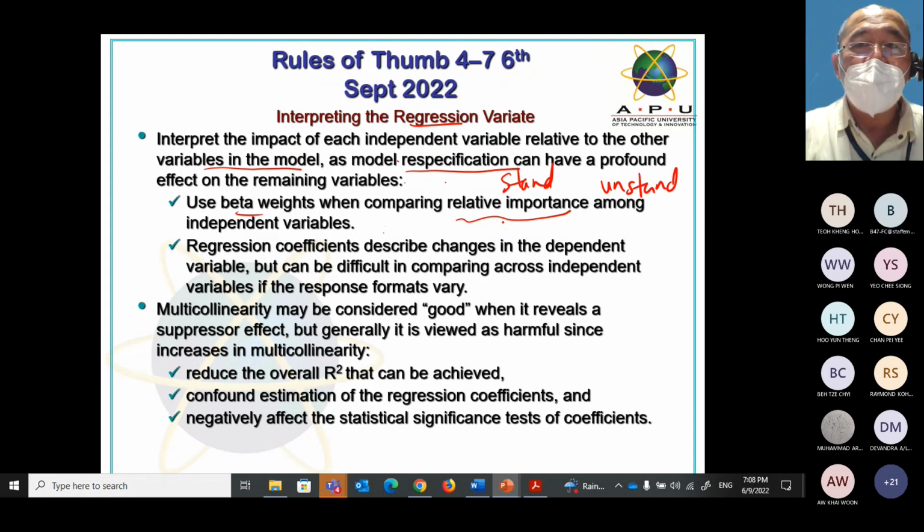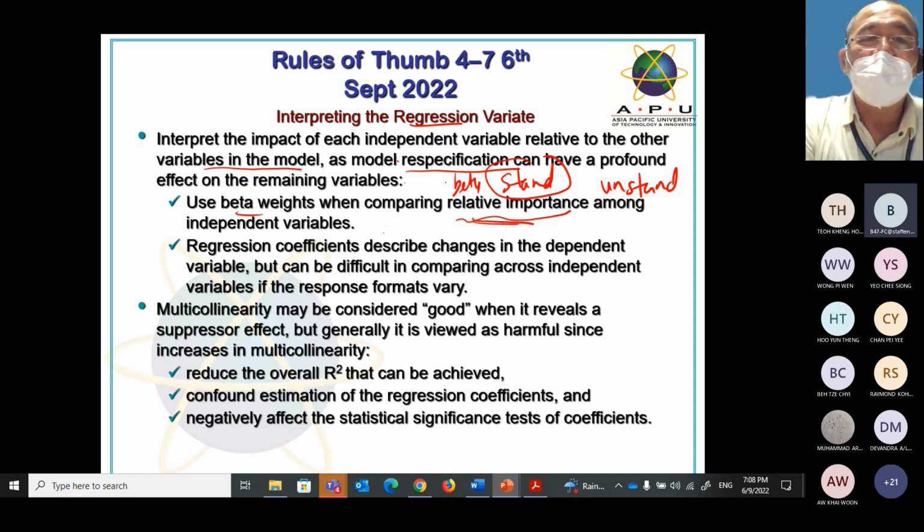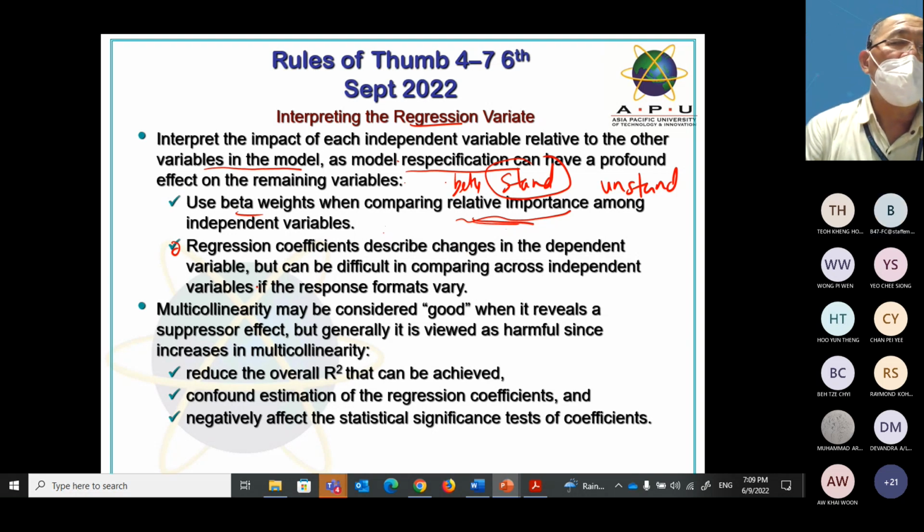We use the standardized beta to test the relative importance among the independent variables. So this is the standardized beta. And then the regression coefficient describes the changes in the dependent variable.